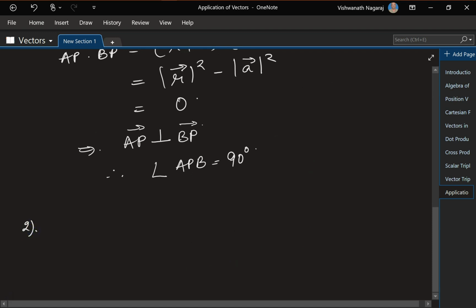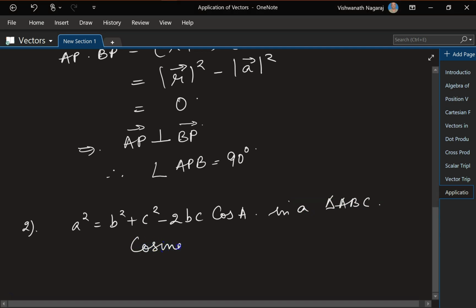Okay, let's look at another formula that we have to prove. A square is equal to B square plus C square minus 2BC cos A in a triangle ABC. This is also called the cosine rule.